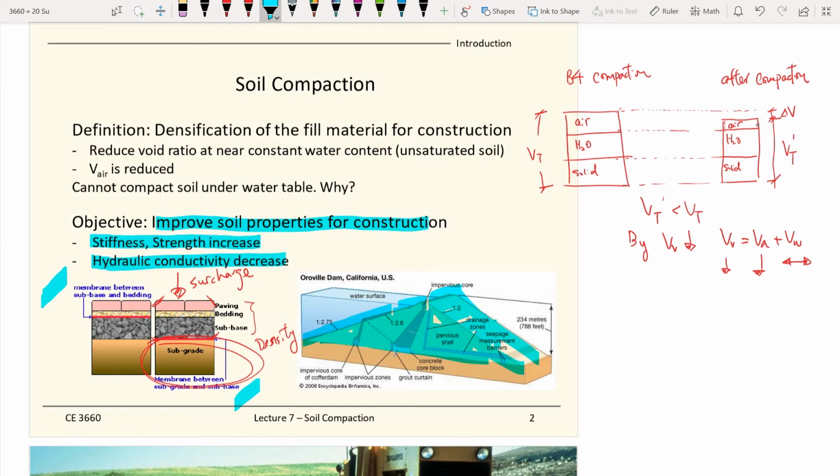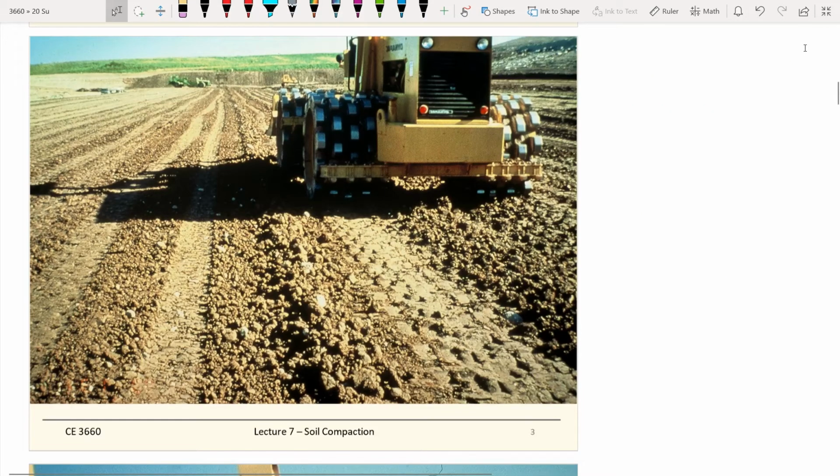Very likely, we want to have a low hydraulic conductivity such that we can slow down the seepage going through the earth structure. Okay, this slide shows you how soil compaction is done in the field.